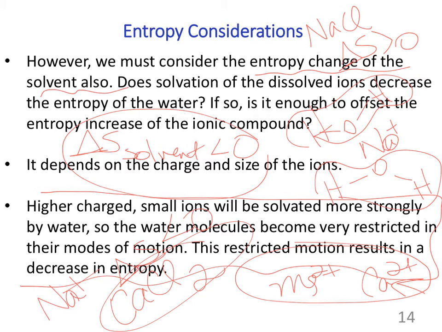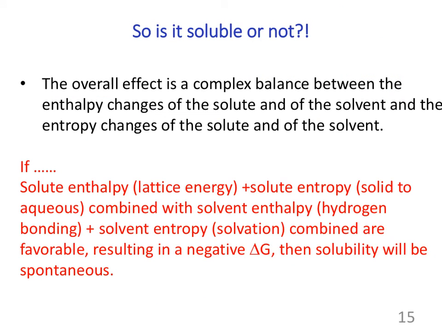So let's wrap this up and let me let you know what level of complexity we want you to grasp. As I said, overall, this is a very complex balance between the various enthalpy changes of the solute and the solvent and the entropy changes of the solute and solvent.